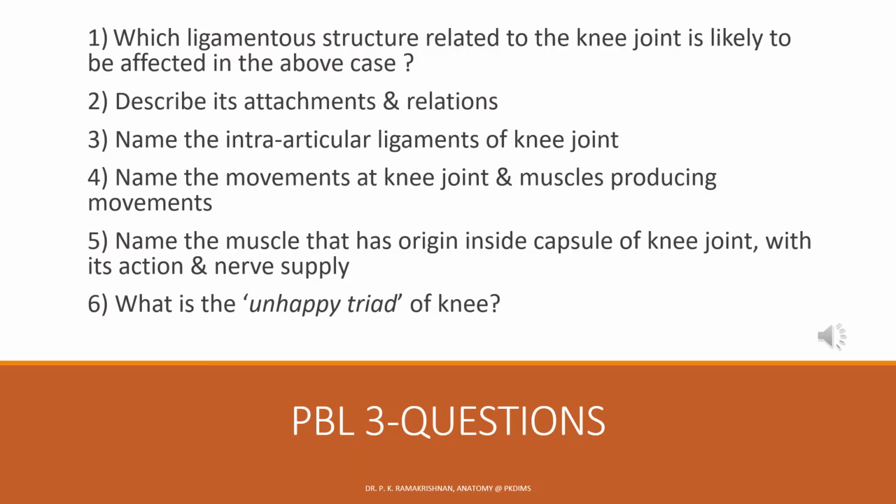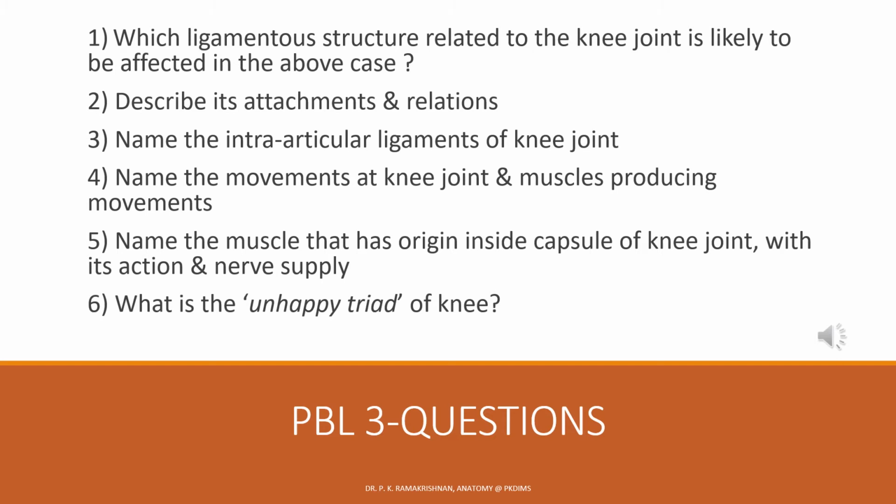Coming to questions of PBL 3, here also you have to identify the particular ligamentous structure related to knee joint which is likely to be most probably affected in the above scenario. And once you have identified this particular ligament, you have to describe its attachments and relations.